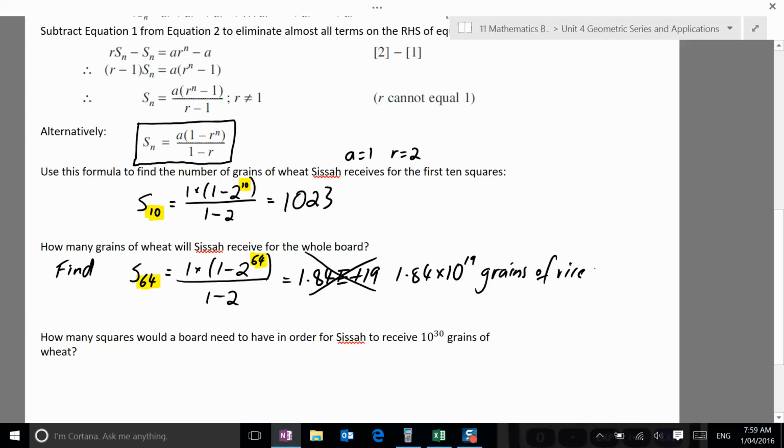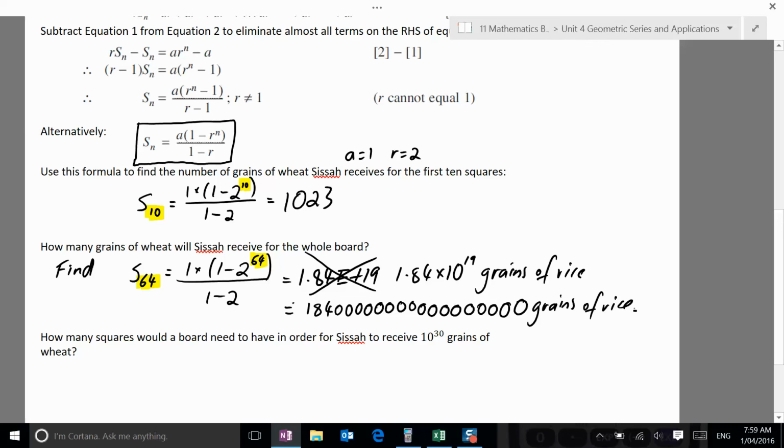Which would mean I need to move the decimal place 19 places to the right. It's a really big number. So 1, move it 2 places to 8, 4, and then I need 17 zeros, if I wanted to write it as a proper number.